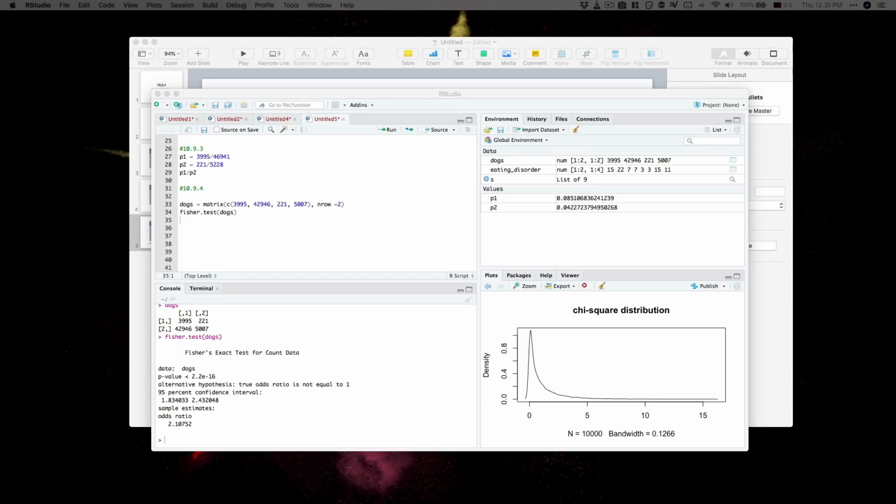However, because hip dysplasia is somewhat rare, we could also say that we are approximately 95% confident that golden retrievers are between 1.84 and 2.43 times as likely to get hip dysplasia as border collies. But this is not 100% accurate because odds and probability are conceptually different quantities.